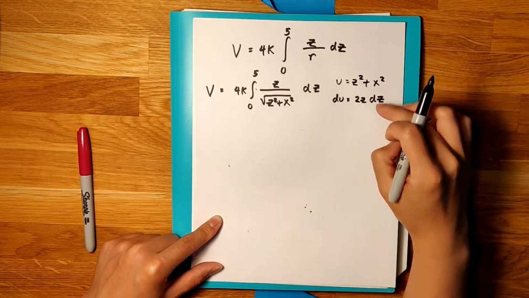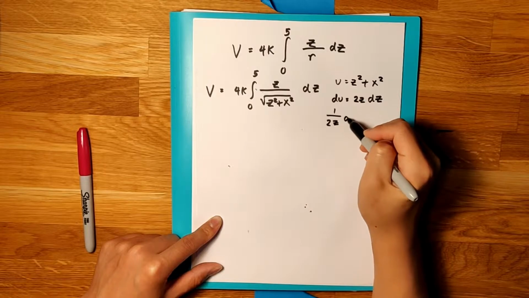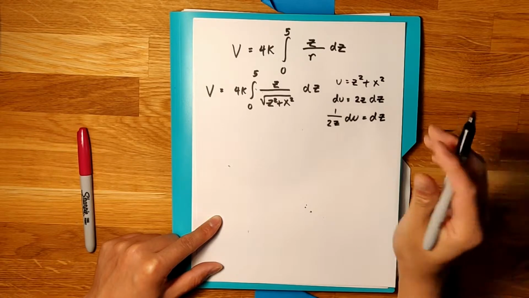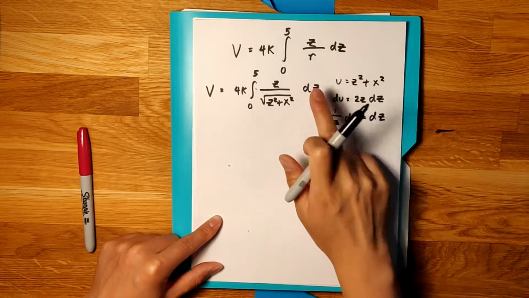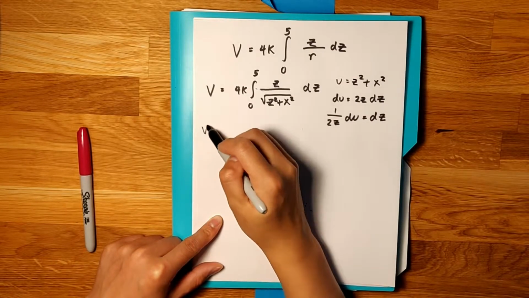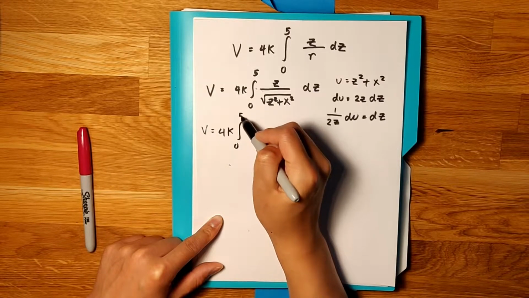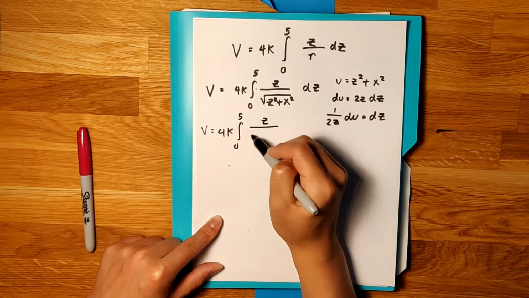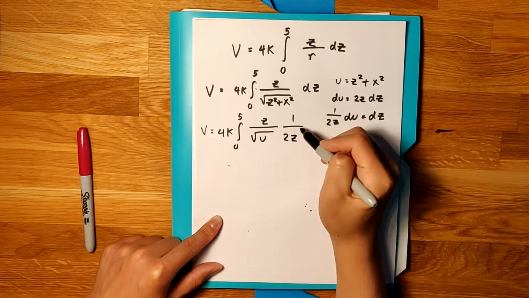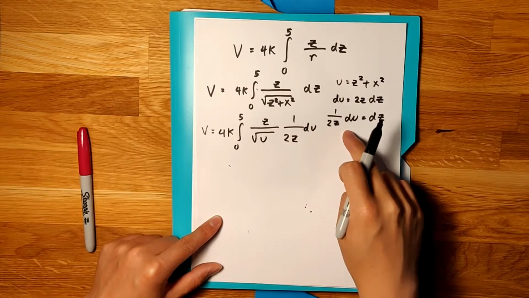Now, figuring out what dz is, we'll get 1 over 2z du is equal to dz. So, plugging in our u and replacing our dz, we will get V is now equal to 4k, 0 to 5, z over square root of u, times 1 over 2z du. Again, I simply replace dz with 1 over 2z du.